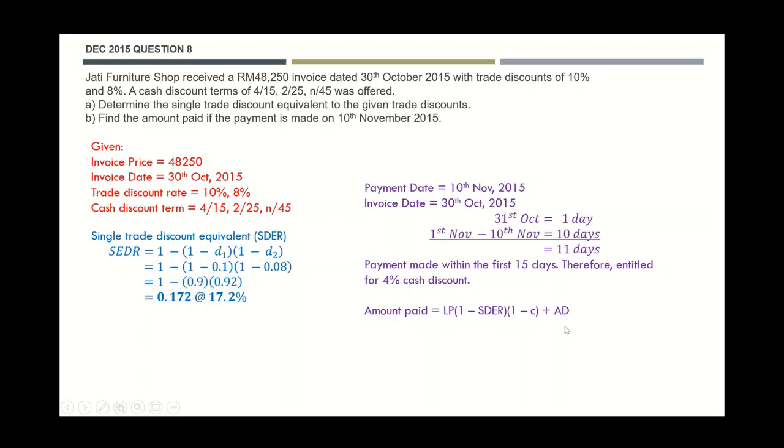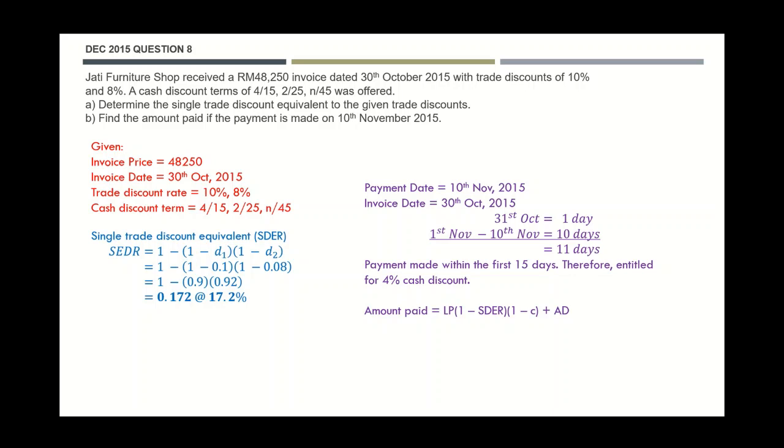AD here represents any additional costs, in this case maybe in the form of any additional charges, such as transportation, handling charge, postage, packaging, and so on, if any.